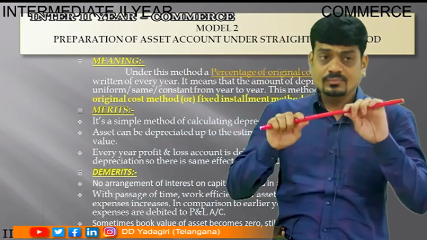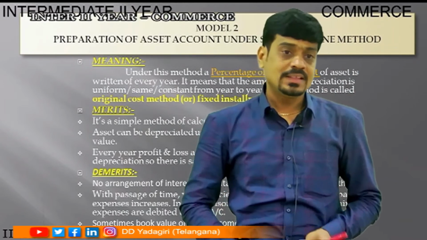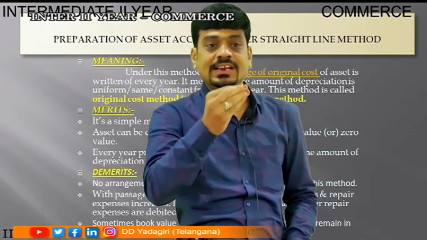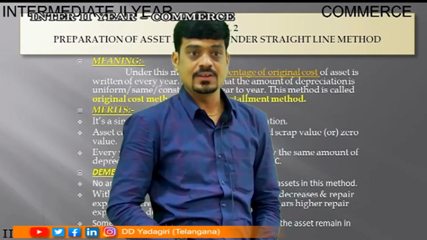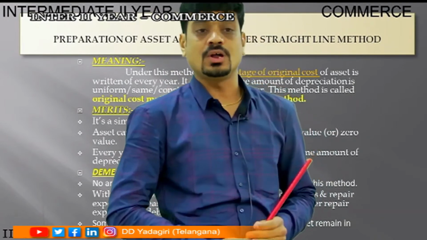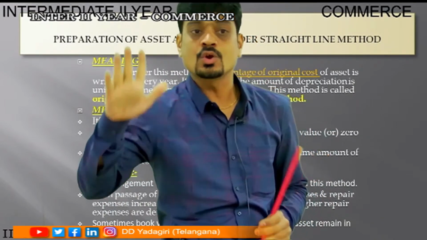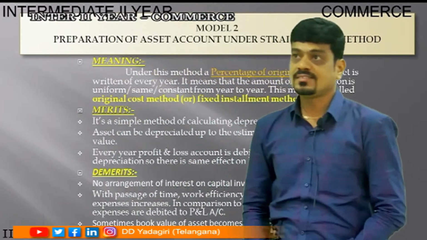In simple language, straight line method is a method of charging depreciation where the amount of depreciation charged on the asset remains the same throughout the life of the asset.